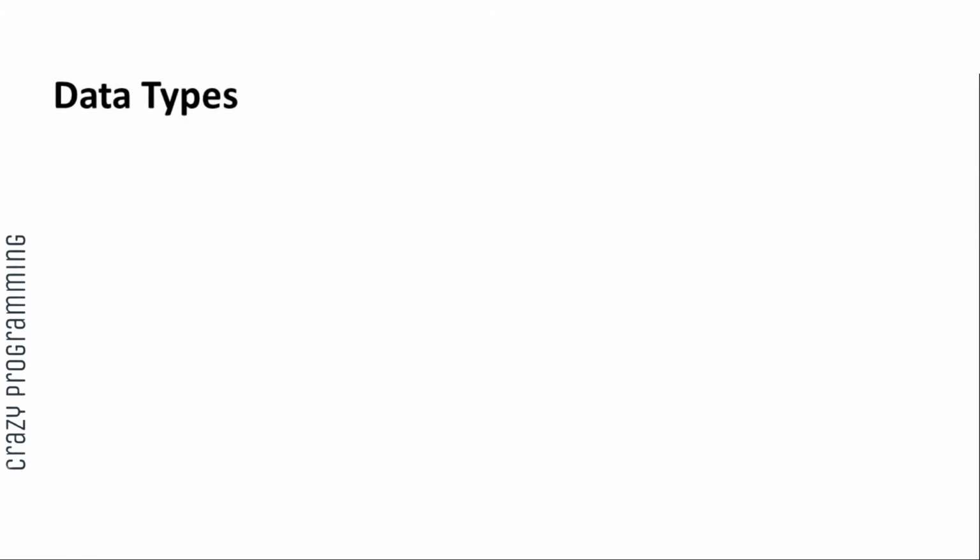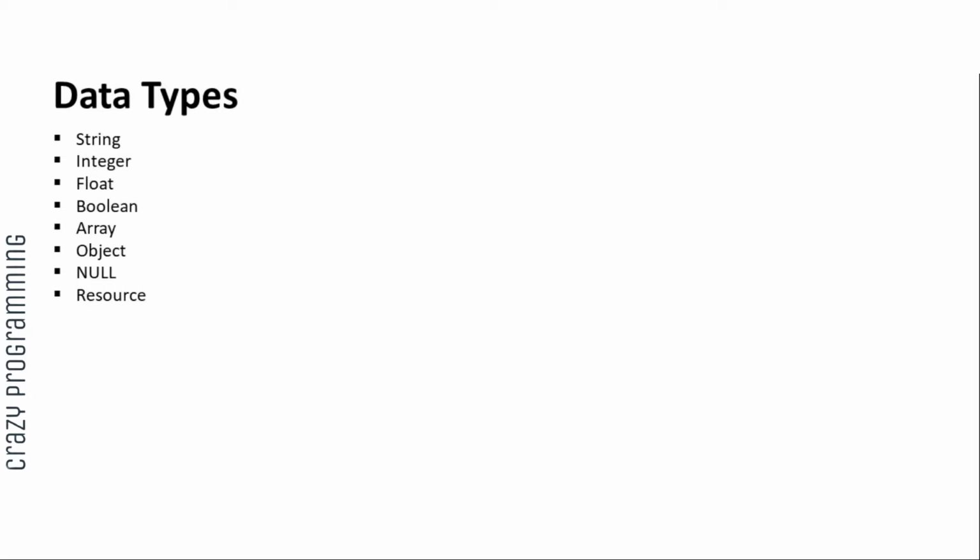Now we will see what a data type is and how many types of data types there are in PHP. There are 8 types of data types in PHP. String, we are already familiar with strings as I told you in the previous sessions' videos.